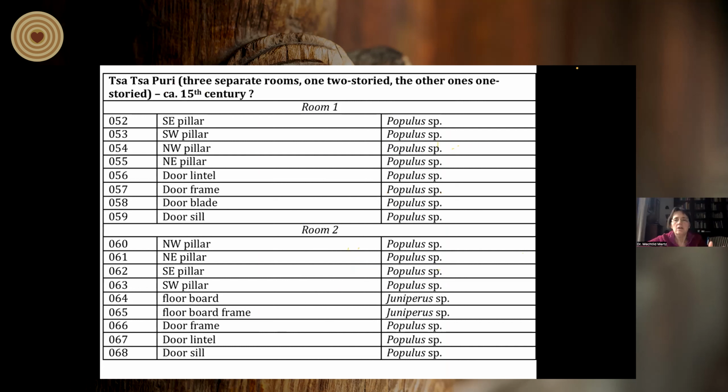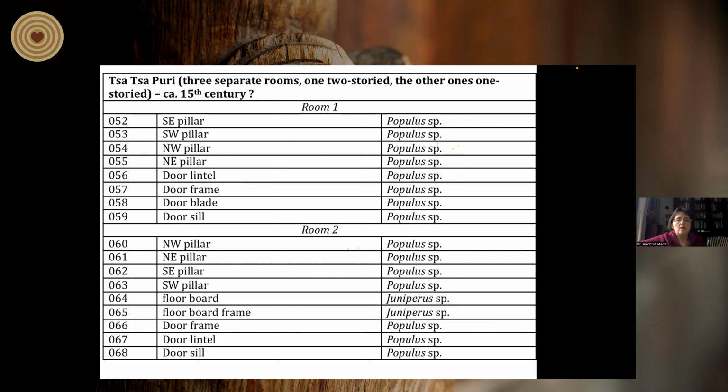And you see that we used a lot of poplar and a little bit of juniper. The juniper was used for flooring, floorboard, and floorboard frame. It is a little bit stronger as a wood, and it is used for the floor, where you're walking.